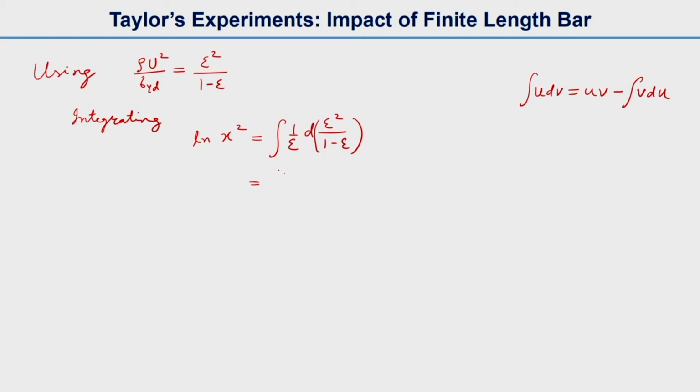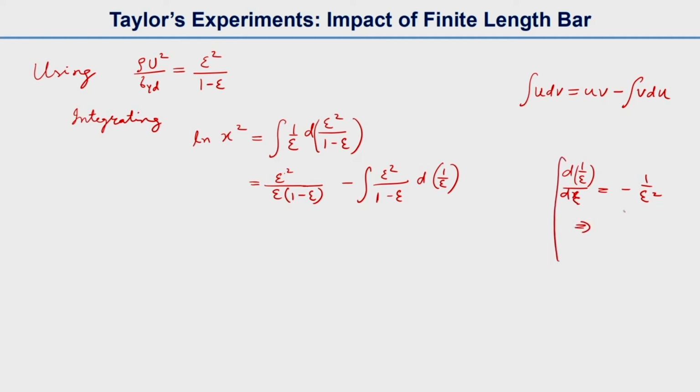Integration by parts is just u dv equal to uv minus the integral of v du. Applying that, what we will get is epsilon square times epsilon into (1 minus epsilon), minus the integral of epsilon square (1 minus epsilon) and d(1 by epsilon). And d(1 by epsilon) with respect to epsilon will be minus 1 by epsilon square.